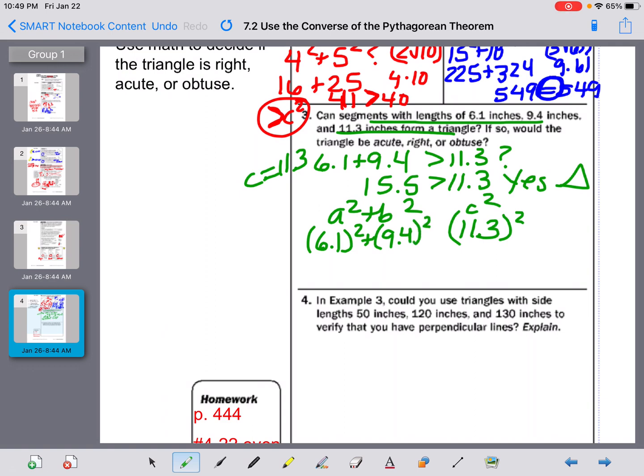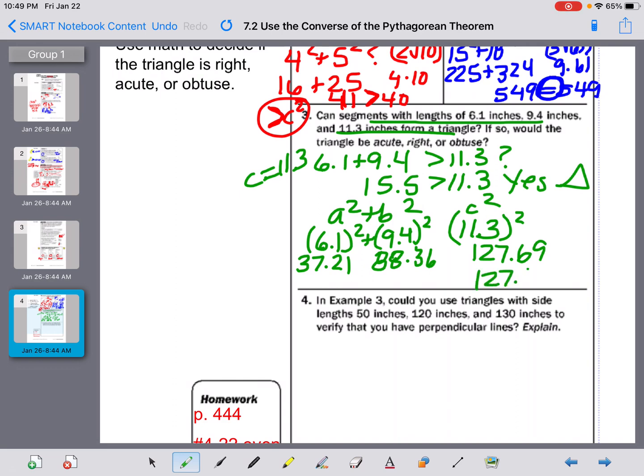I don't want to do these on my own. Okay, 6.1 squared, 37.21. 9.4 squared, 88.36. 11.3 squared, 127.69. Please don't round those decimals in your work because it will change your answer if you round too fast.